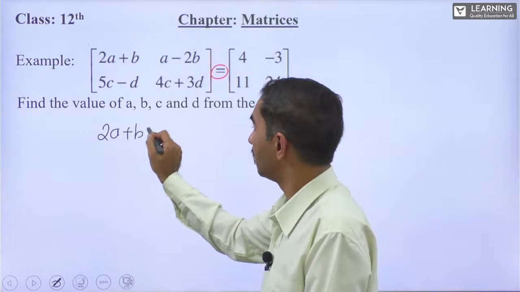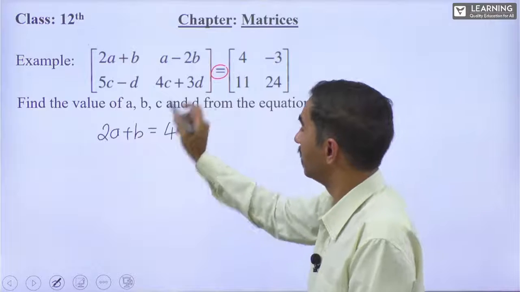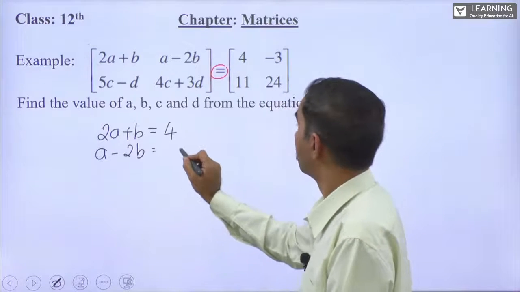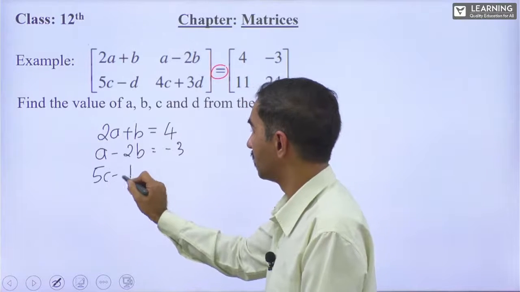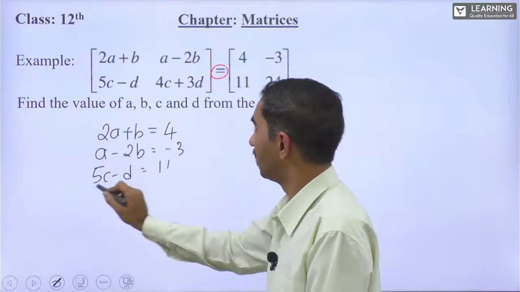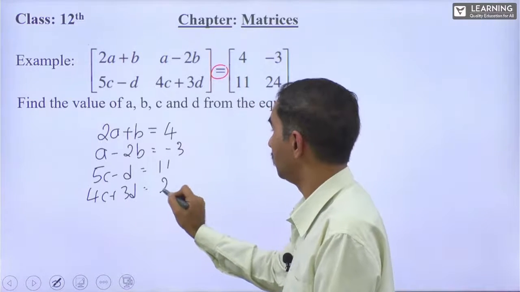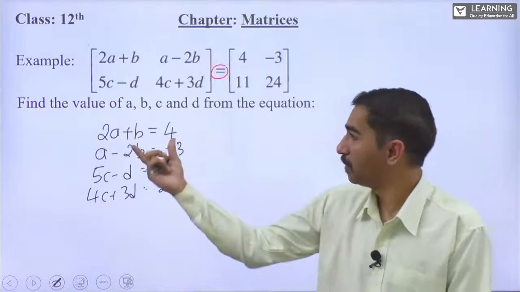2A plus B is equal to what, students? 4. Next, A minus 2B is equal to -3. 5C minus D is equal to 11 and 4C plus 3D is equal to 24. Equality of matrices, right? Both the elements are equal.